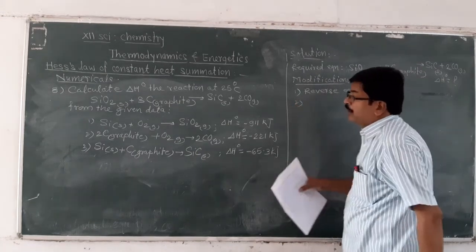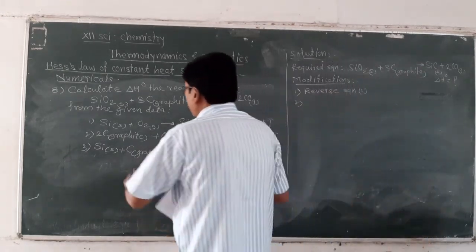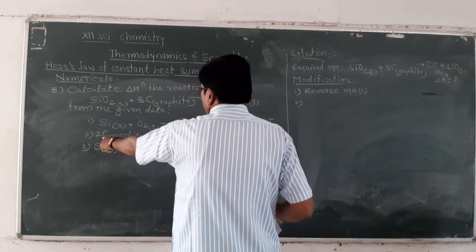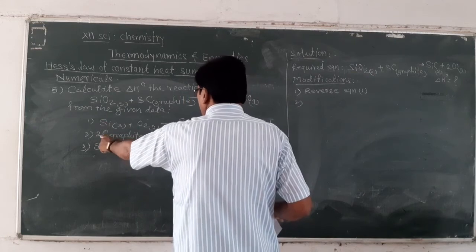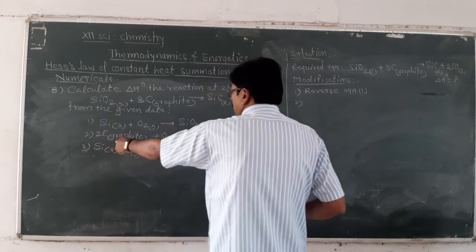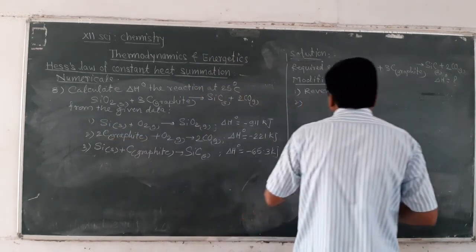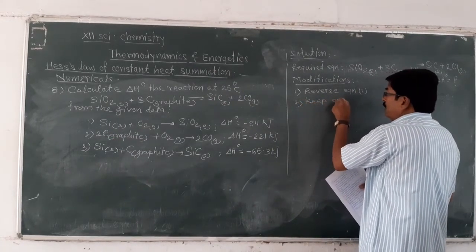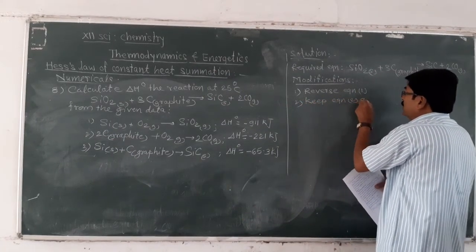Second, here we want carbon on reactant side, 3 moles, but in equation 2 they are present. Equation 2 is to be kept as it is.